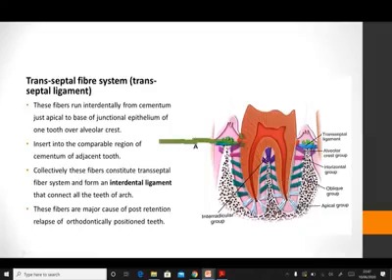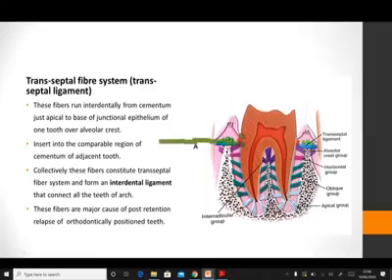Because these transeptal fiber systems connect all of the teeth in one arch, these fibers are a major cause of post-retention relapse of orthodontically positioned teeth.